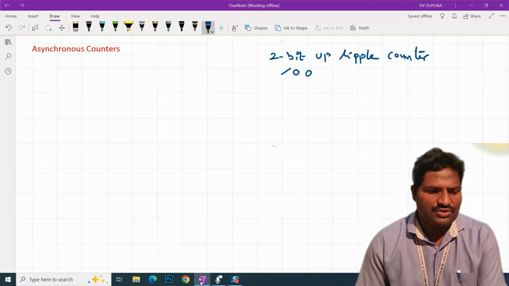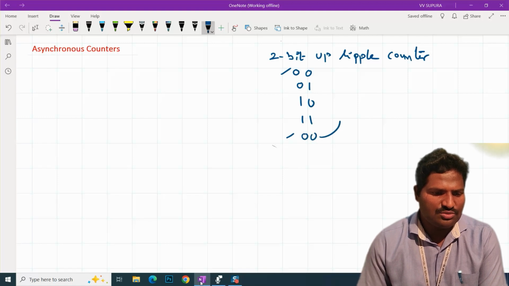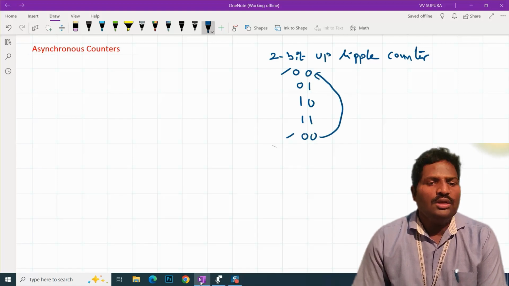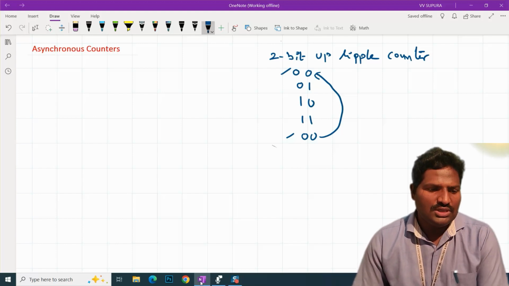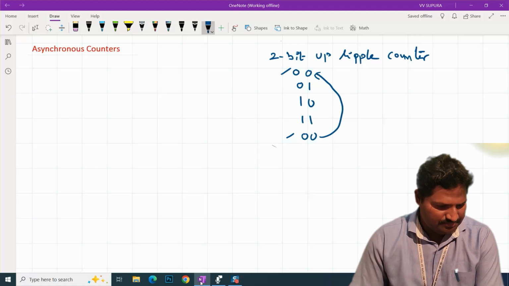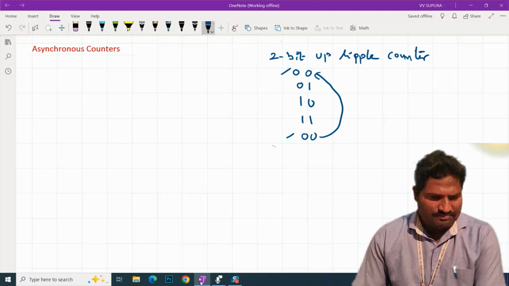I need to start from 0 0, and next it is 0 1, 1 0 and 1 1. The next cycle it should be 0 0. So it has to be continuously counting 0, 1, 2, 3, then 0, 1, 2, 3. So this is called a 2-bit up ripple counter. So that is a binary counter.